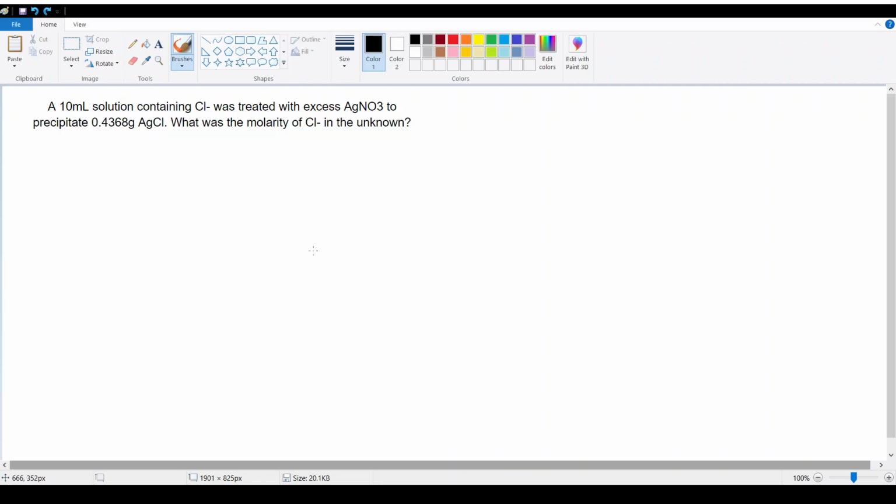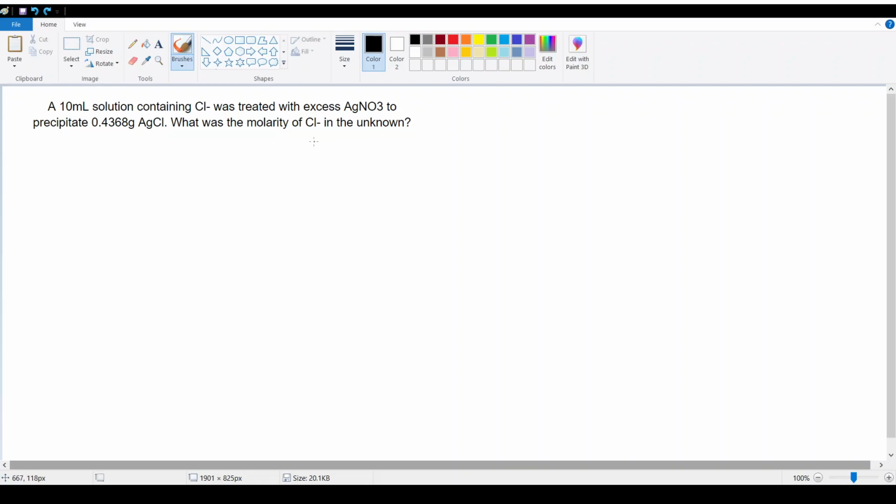So a practical example of this is if you had chloride and a number of other things in a water sample. Trying to figure out how much chloride you have in said water sample, you perform gravimetric analysis to find that out. Now for this example here, we're using silver nitrate and silver chloride.